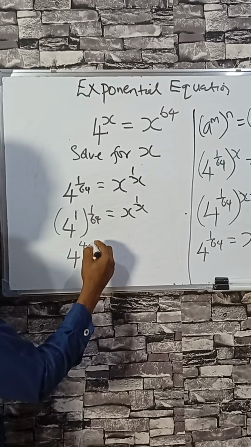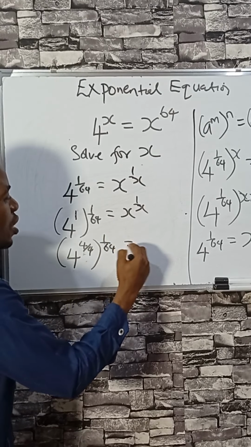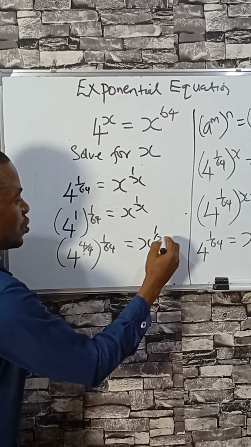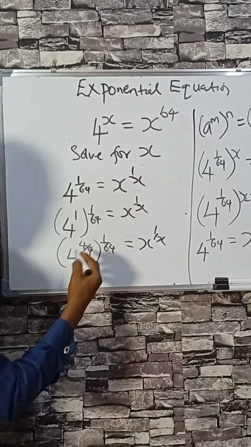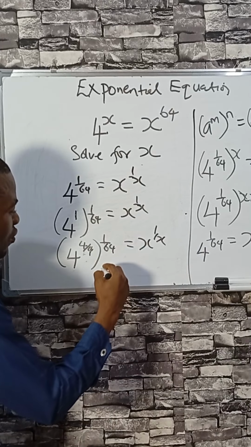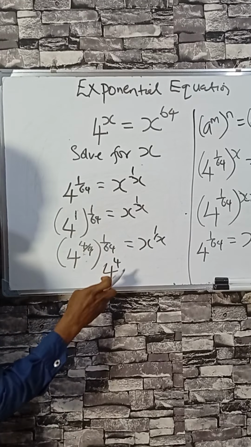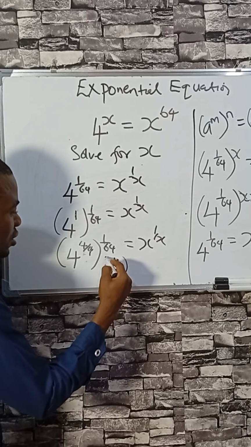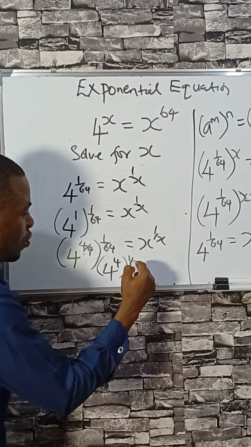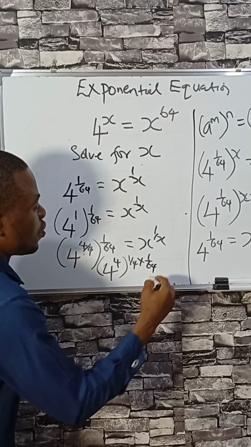If that happens, I have 4 which is still 1, then times 1 over 64. So I can take this 1 over 4 outside, then I have 4 raised to the power of 4, then I take this 1 over 4 out, and times 1 over 64.